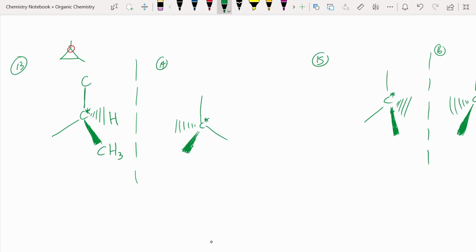This triangle we will draw first, and we can have the top carbon be a CH2, or the bottom carbon have a methyl group and a hydrogen atom, as you can see right here.